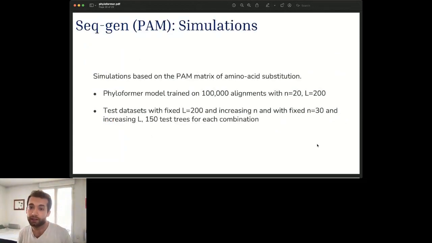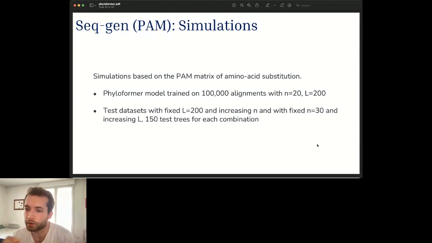So we generated several datasets with different sequence simulators. The first one is Seq-gen, a very popular one, which we use to generate simulations based on the PAM matrix of amino acid substitution. And we trained our Phyloformer model on 100,000 alignments of fixed sequence length and a fixed number of sequences.